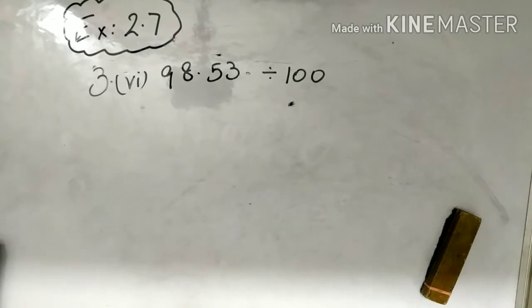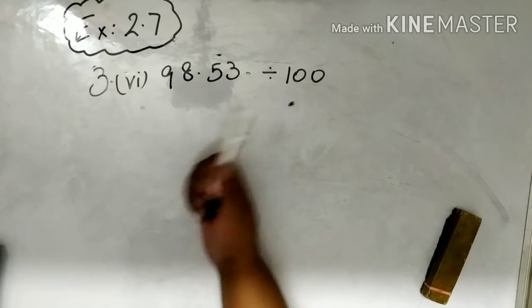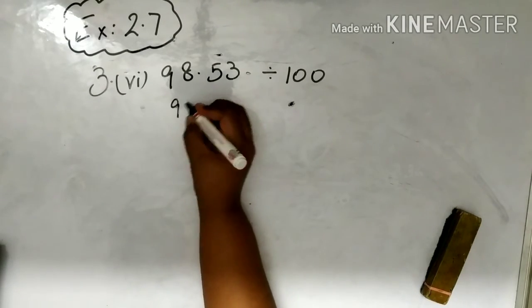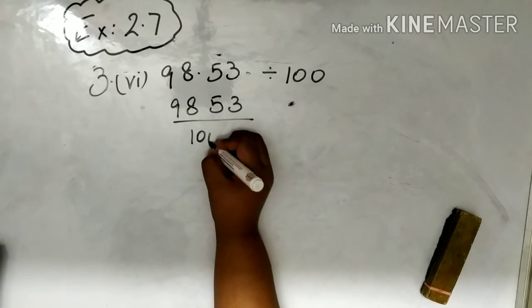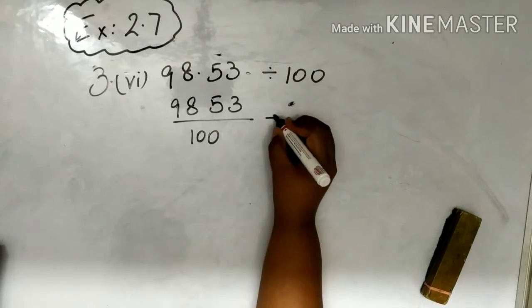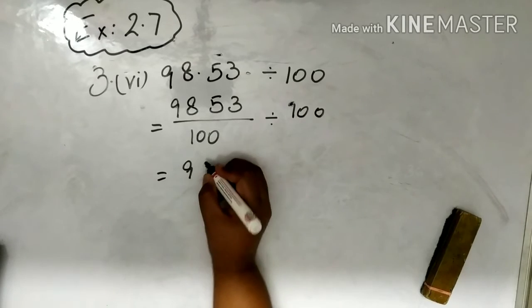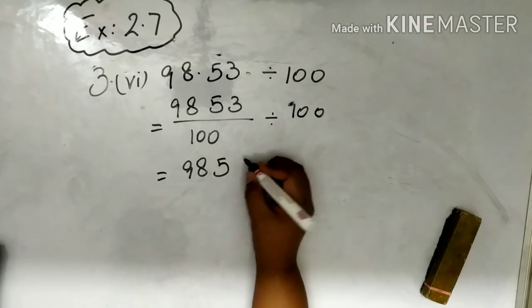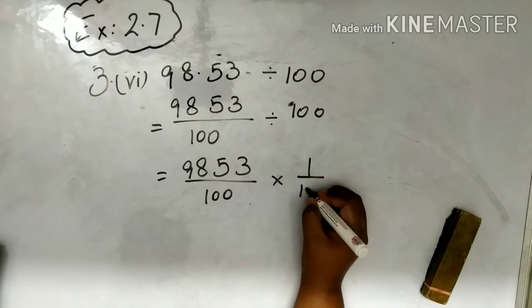Now let's do one more question of the third question, that is the 6th part. 98.53 divided by 100. So first step, convert it into fractions. 2 places after the decimal, so divide by 100. Then you can write this as into 1 by 100.